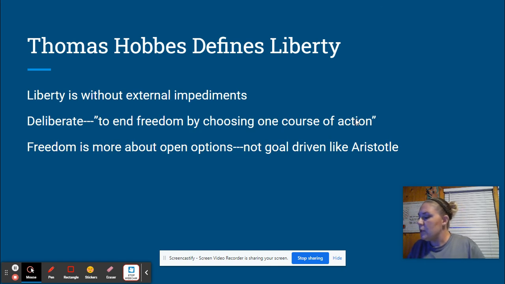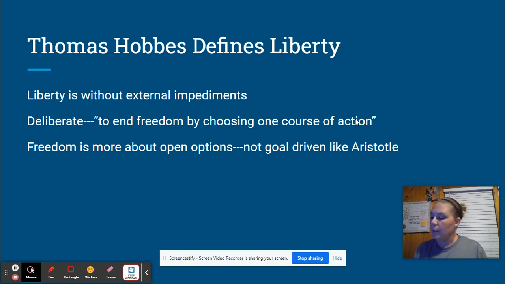Deliberation was not the very fount of our freedom, as it was for Aquinas, but instead its termination in action. To deliberate for Hobbes was literally to de-liberate, to end our freedom by choosing one course of action, thereby putting an end to the liberty we had of doing or omitting.